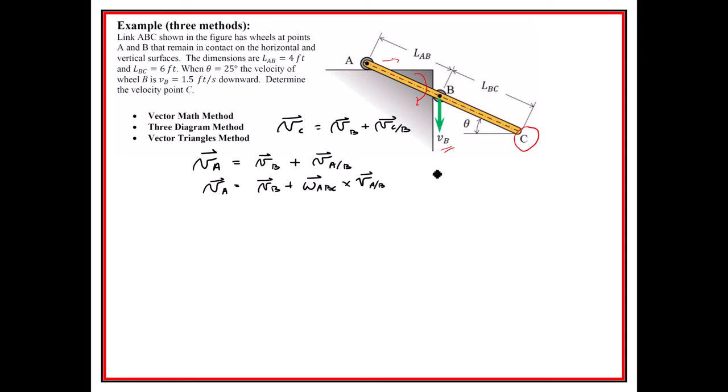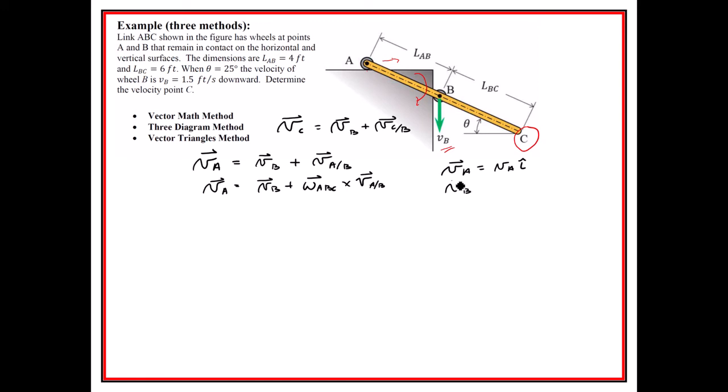So over to the side, I'm going to write down the things that I know. I know that the velocity of A is going to look like V_A times i, right? We know that it's completely in the i direction. So I say it's the speed times i, because the V_A right here without a hat is the speed. I'll keep this without numbers and put the numbers in later.